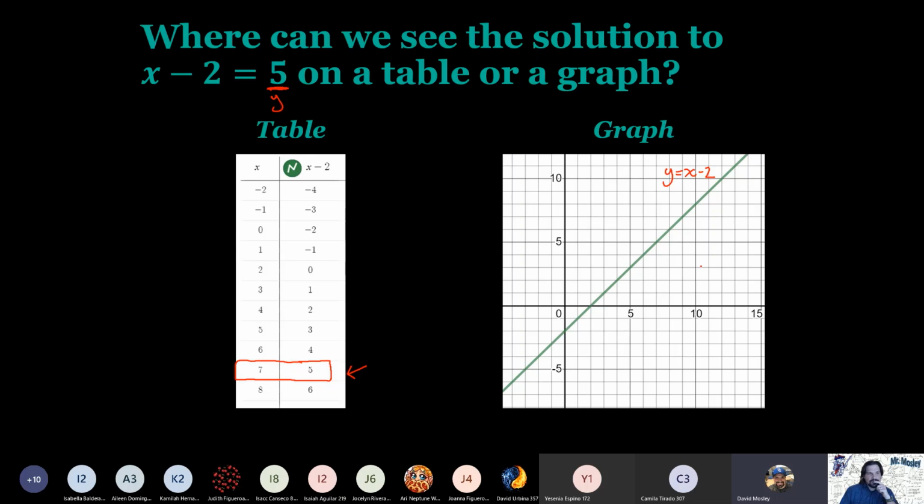What do I look for? Which axis do I look at first, the x-axis or the y-axis? Okay, Jocelyn's suggesting the y-axis is where we want to look first. Why do I want to look at the y-axis first?